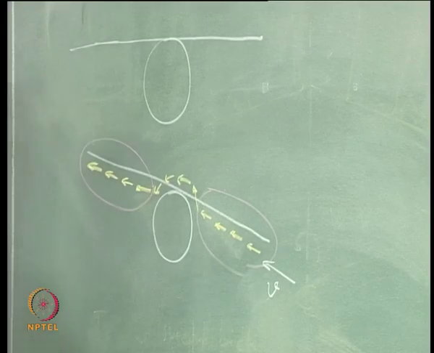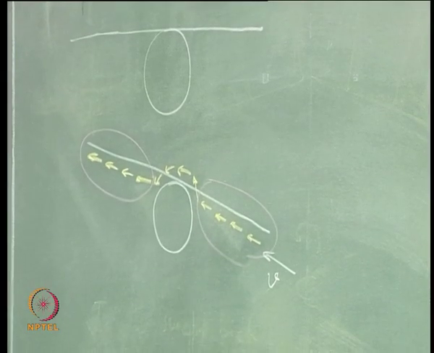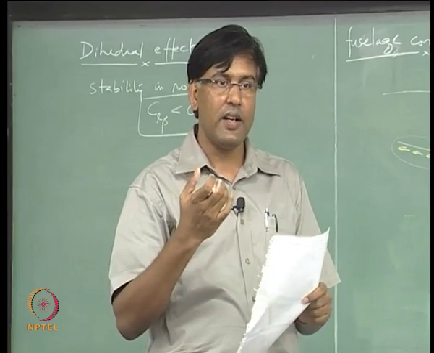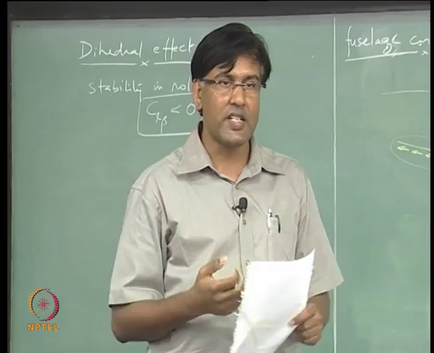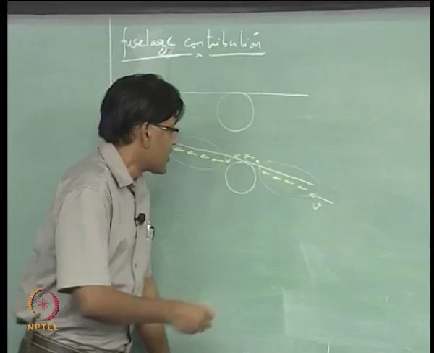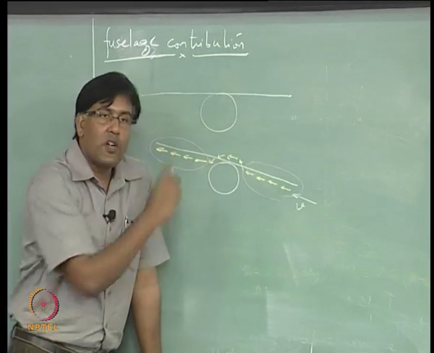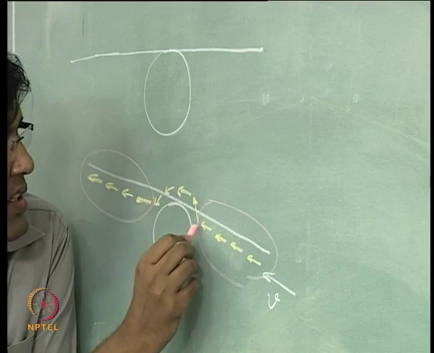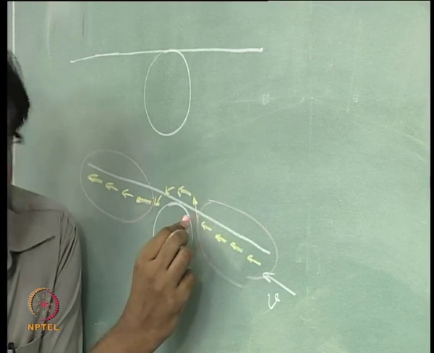Right? We are looking at flow asymmetry, right, on the two sides, so that we get a differential lift. So this part and this part is not going to contribute, but close to the fuselage there is a small change in angle of attack.